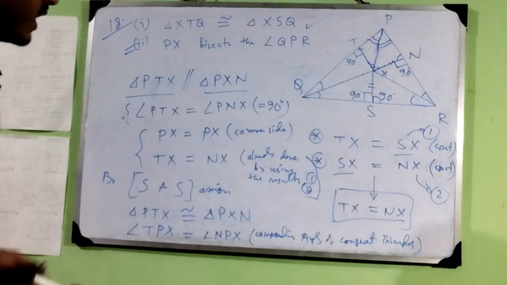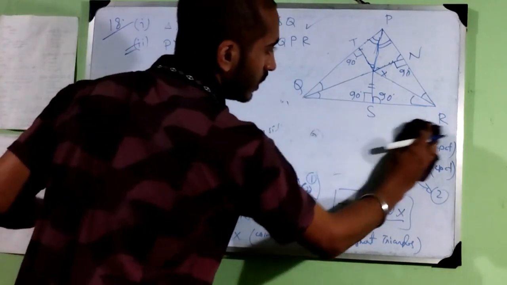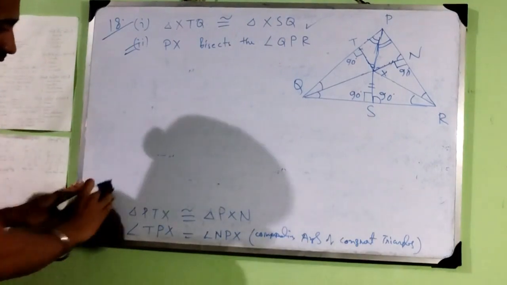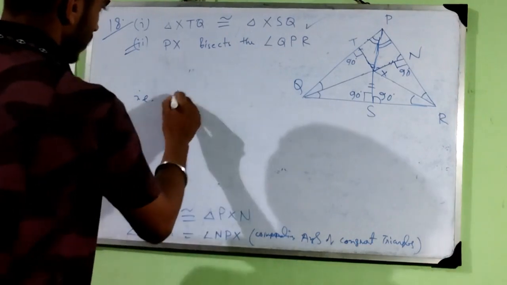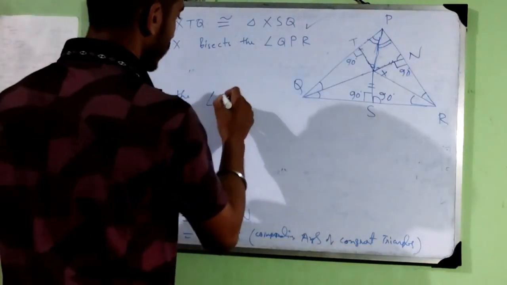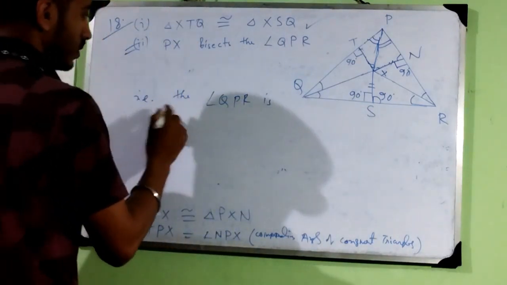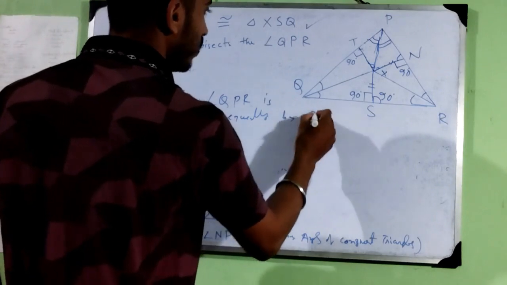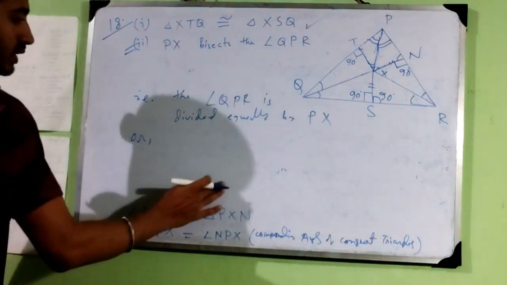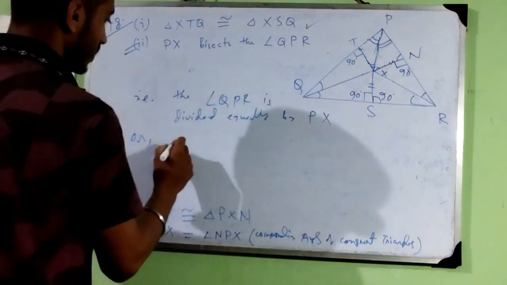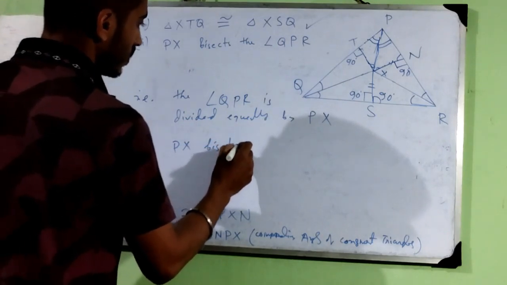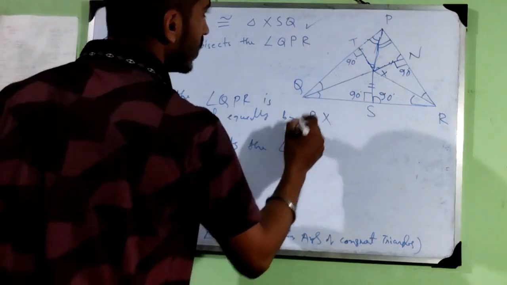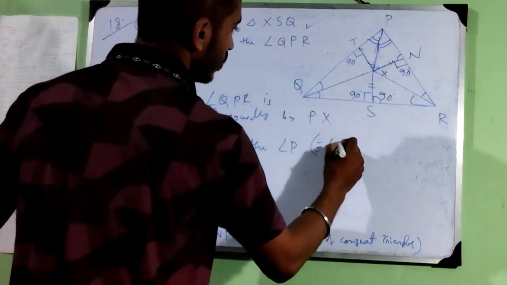We can write clearly in another way, that is, the angle QPR is divided equally by PX, or in other words, PX bisects the angle P, or we can write equivalent to QPR.